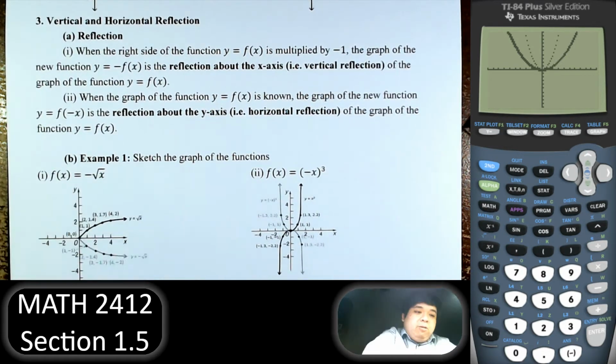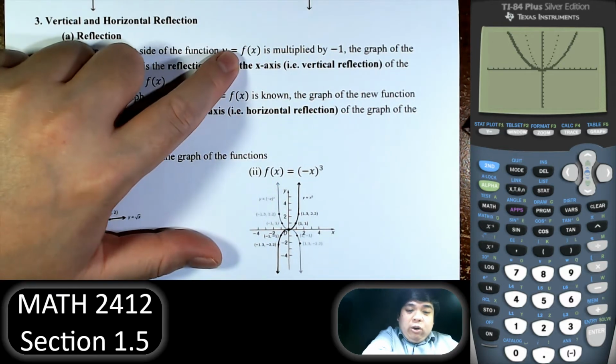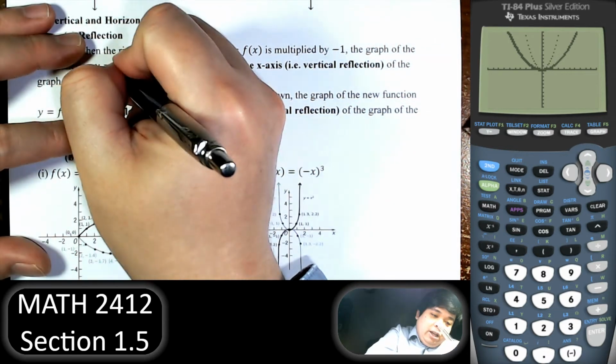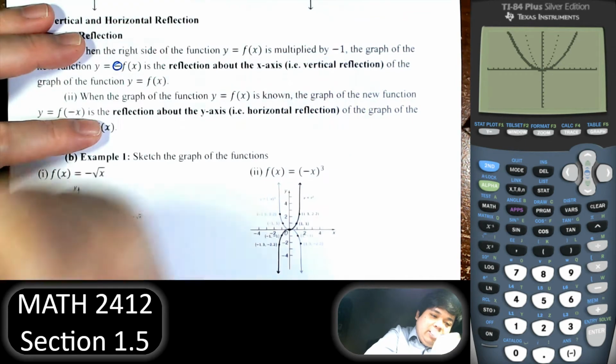Next, vertical and horizontal reflection. So now, instead of y equal f of x, what we have here is a negative in front of it.